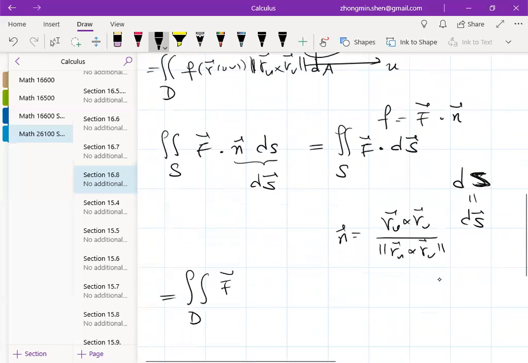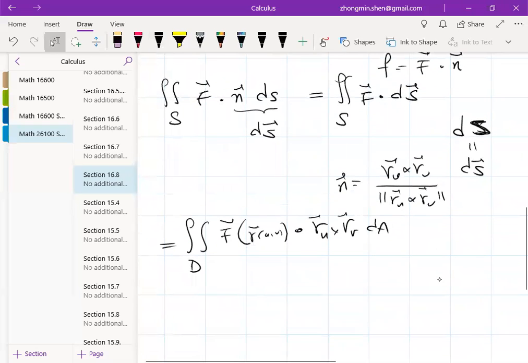The u and v, and the dot product, and dA. Because dS is going to be the norm of the cross product, and n is going to be the cross product divided by the norm, the norm will be canceled out. So this is the formula you're going to use to evaluate the integral of the vector field.